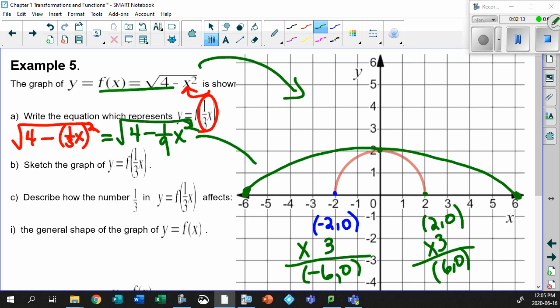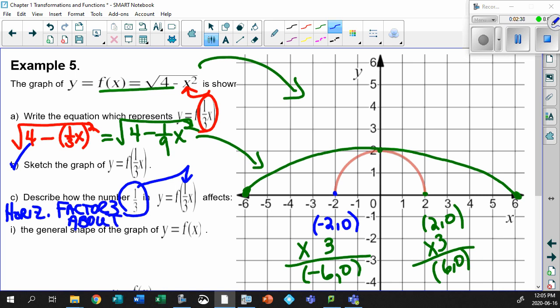That's going to give you this guy in green. Okay. Sketch the graph. Oh, look at that. We already did this. Describe how the number 1/3 works. Well, of course, this is going to be a horizontal stretch. Okay, horizontal stretch of 3. So factor of 3 about what axis? Do you remember?